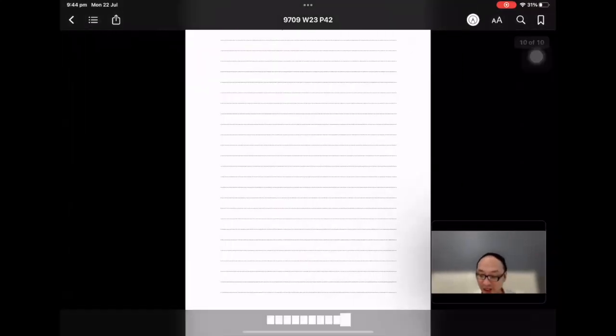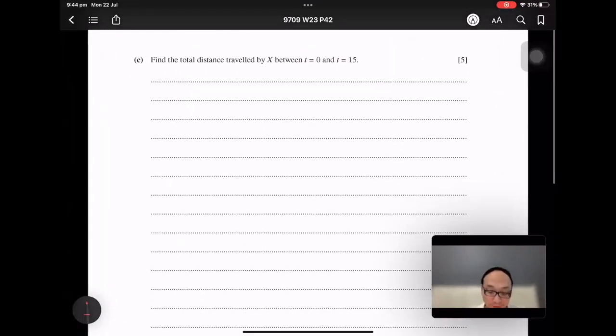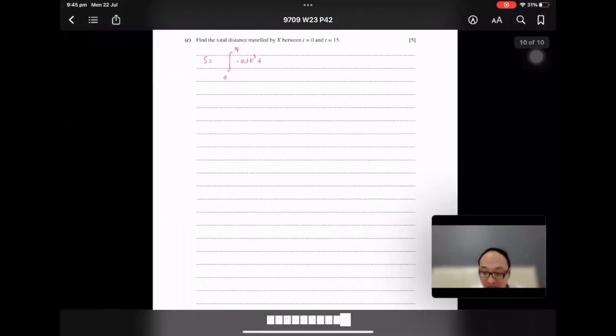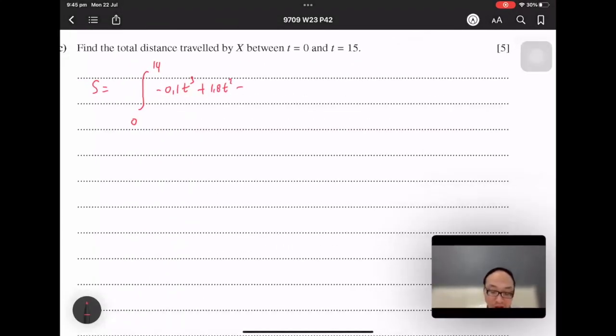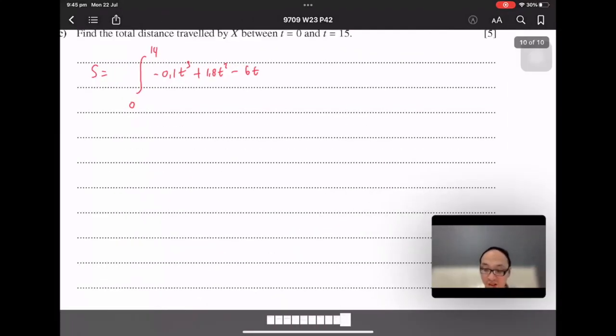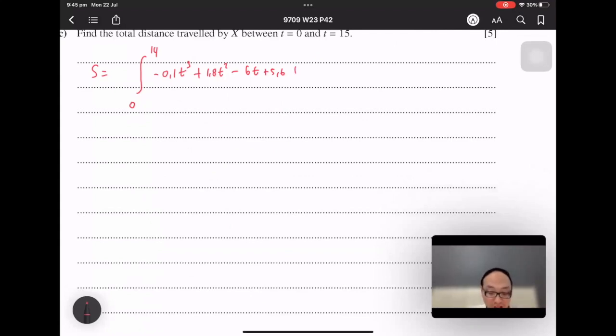So the total distance will be the integral from 0 until 14 of negative 0.1 t cubed plus 1.8 t squared minus 6t plus 5.6 dt, plus the absolute value of the integral from 14 to 15 of the same formula dt. So we ignore the negative here.